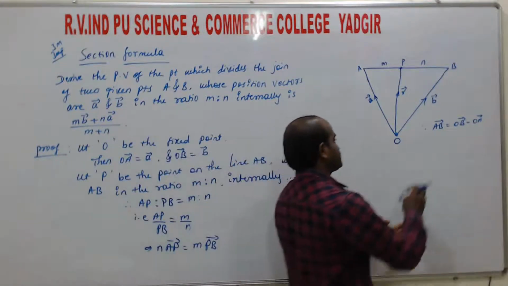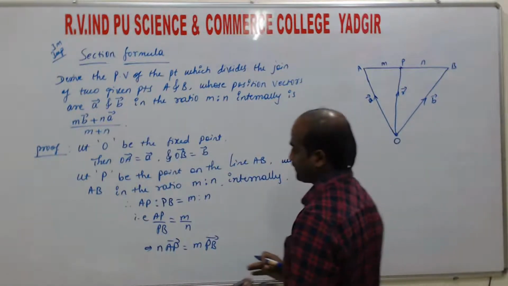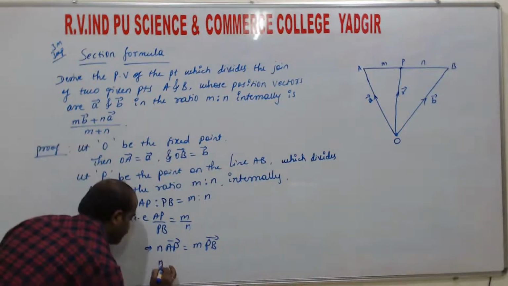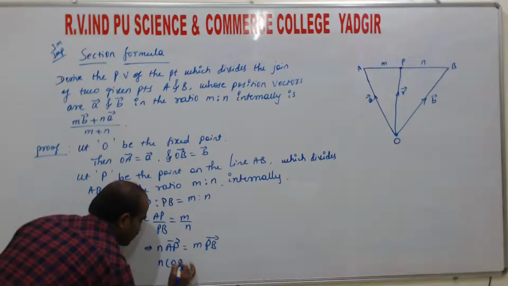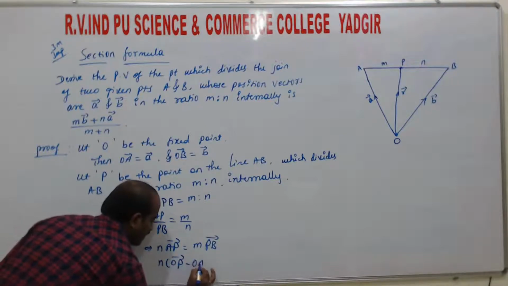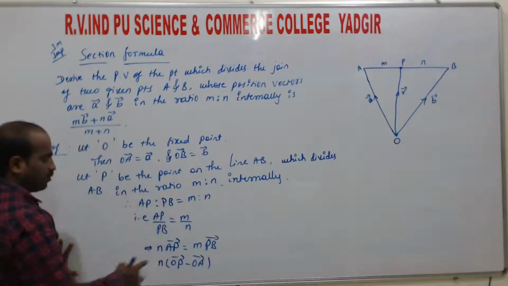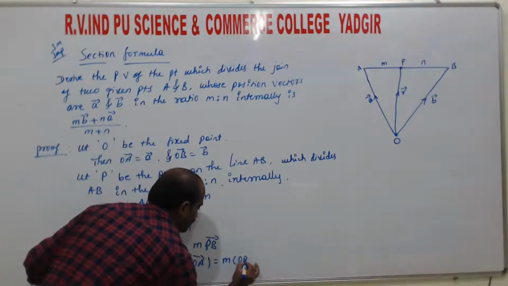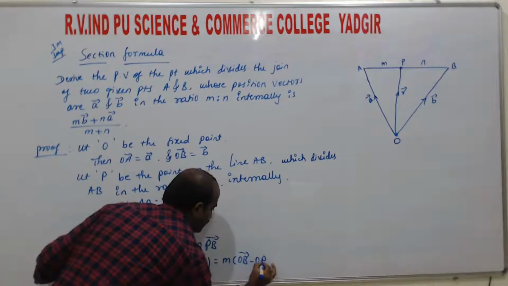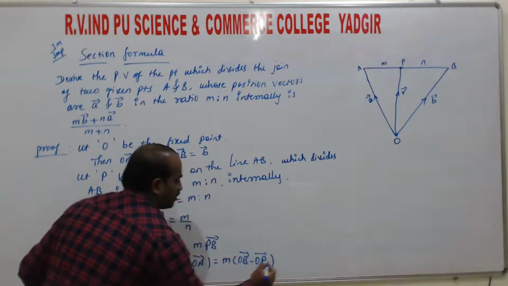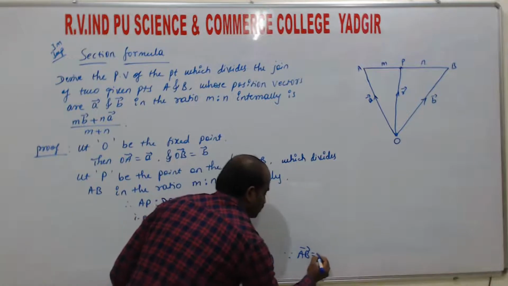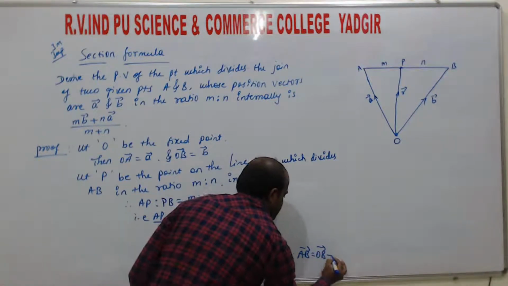So n into AP vector means n into OP minus OA, and m into OB minus OP, because AB vector is equal to OB minus OA.